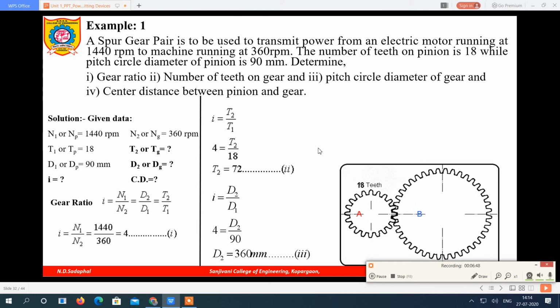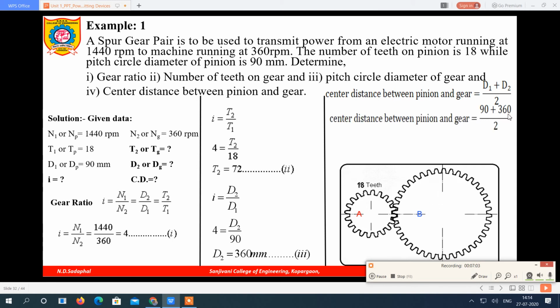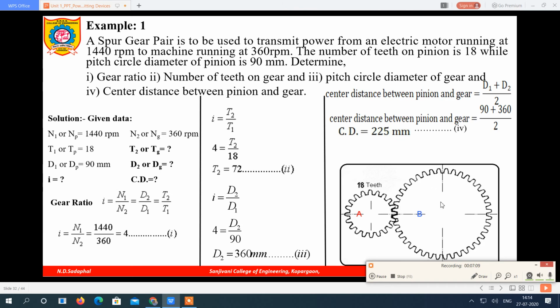So the center distance between pinion and gear is the diameter of this gear plus the diameter of this gear, D1 plus D2 upon 2, that means r1 plus r2. So 90 plus 360 upon 2. If you calculate it, you will get 225 mm as the center distance between A and B.